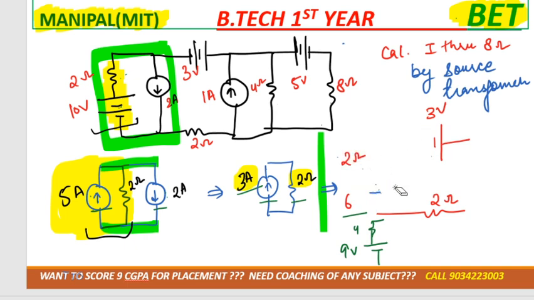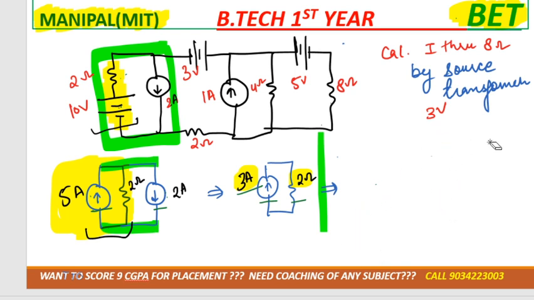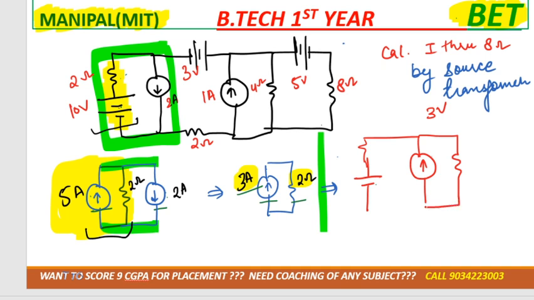So this complete diagram will be replaced by a single voltage source of 9 volt and 4 ohm, right? And after this we'll have 1 ampere and 4 ohm and so on, correct?